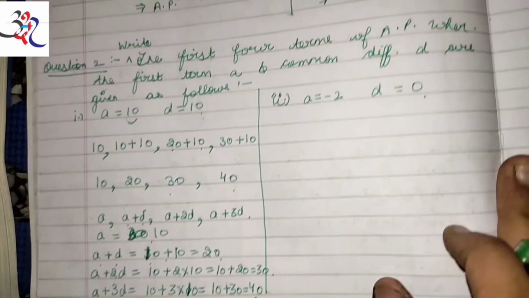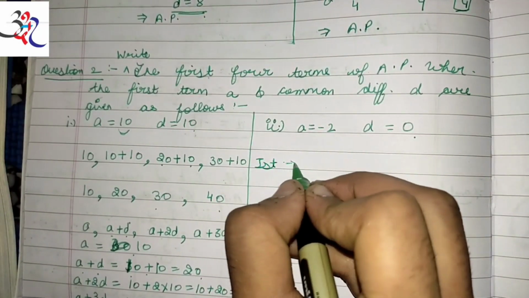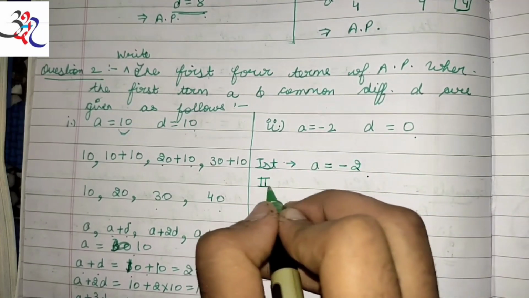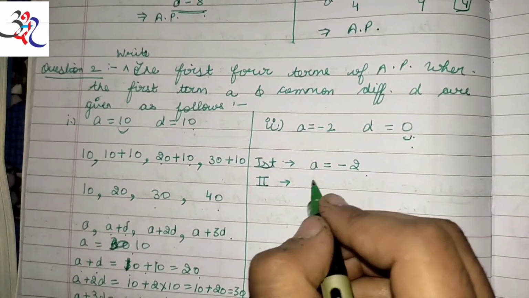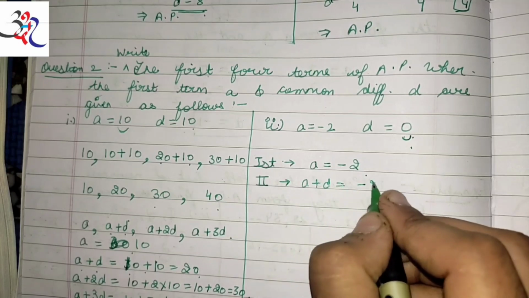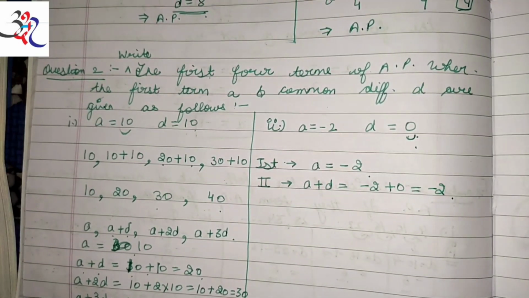Okay. Similarly, in this second part, how can we find out? We can take our first term as it is. First term is minus 2. Then the second term is what? The common difference is given to you as 0. So what will be my second term? A plus D, which is equal to minus 2 plus 0, which is also equal to minus 2.